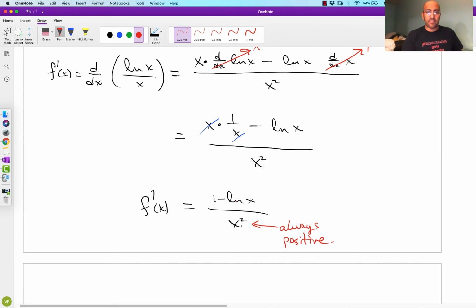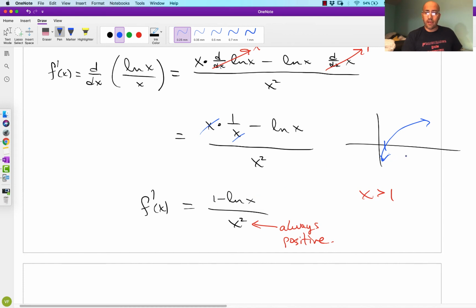And then this guy, remember that we're only interested in x being greater than 1. And again, remembering our graph for ln x, our rough sketch looks like that. 1 is right there, so ln of 1 leads to 0.